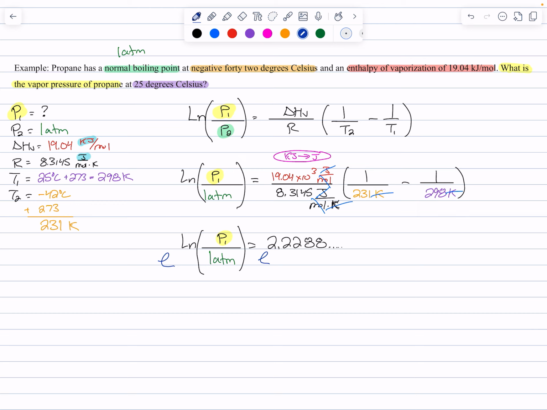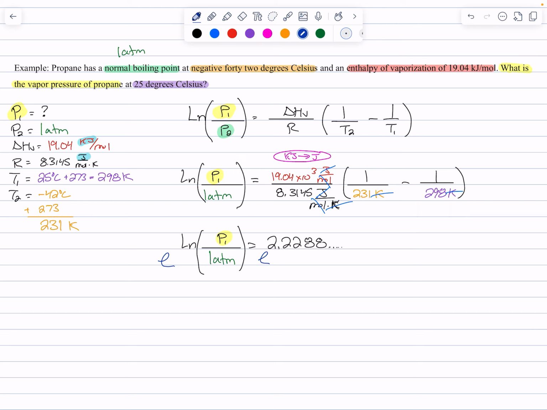So e and natural log are inverses of each other. On my calculator, I do second, natural log, which is e to the x, of 2.2288.